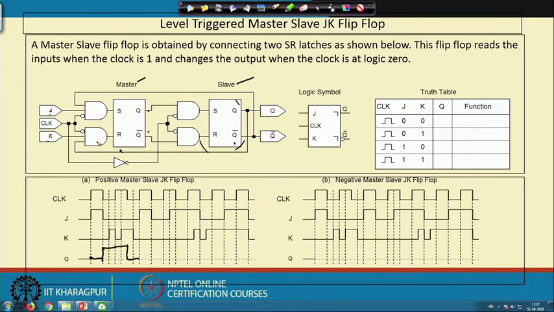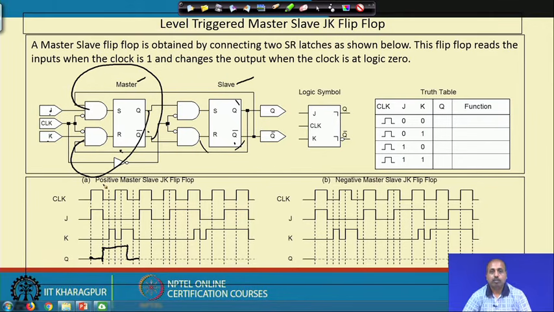Previously the feedbacks were coming from these points, but now the feedbacks are coming from the slave. So, the slave will not change immediately when the master changes. As a result the master will see the change only in the next clock. So, that continuous toggling problem that we had in the JK latch will not happen in the master slave organization. So, this also solves the toggling problem of JK latch.